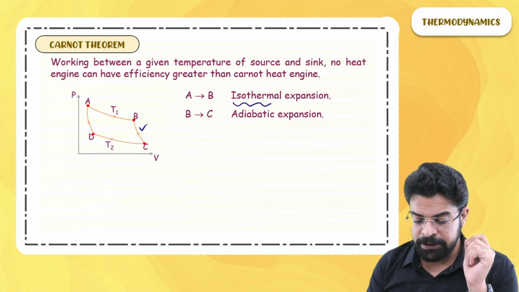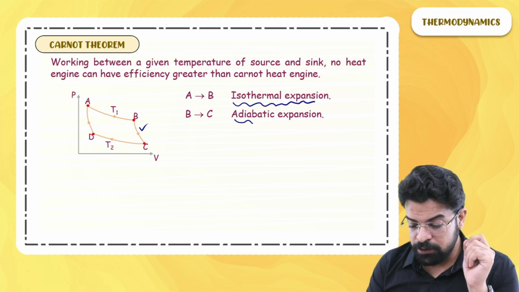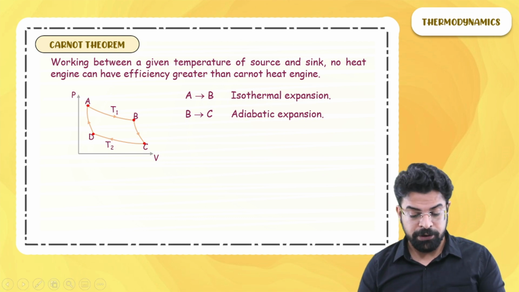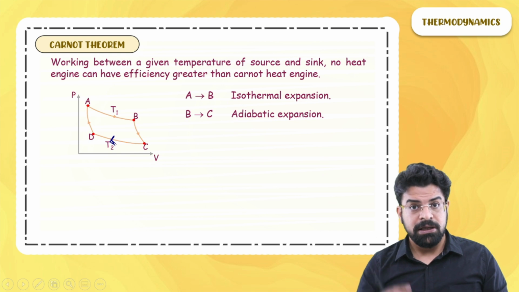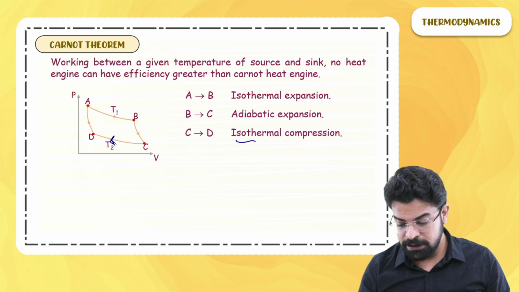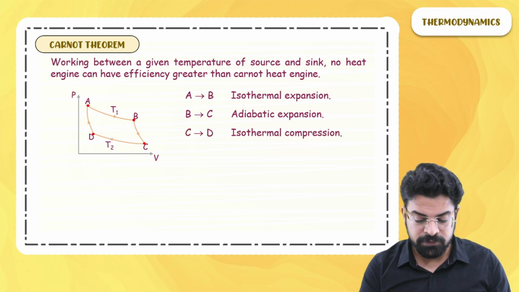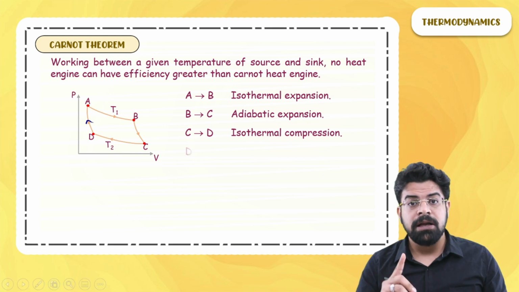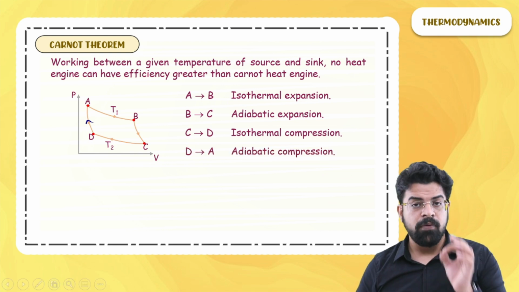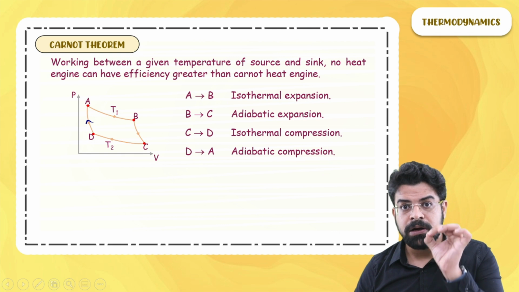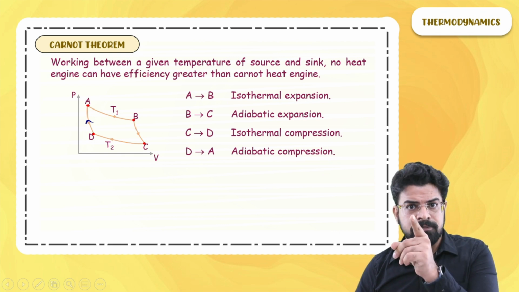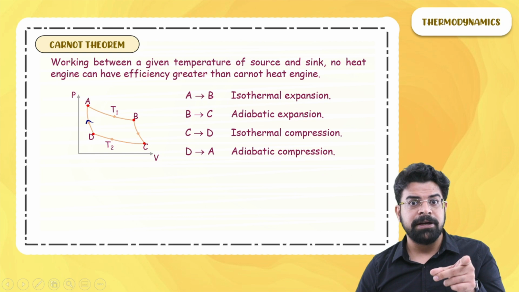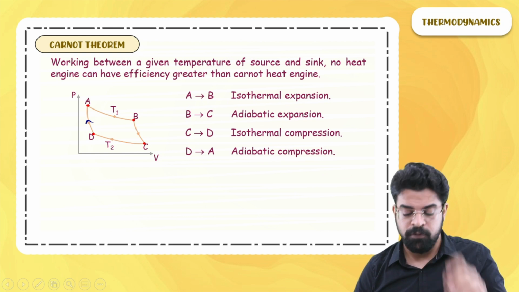So A to B, isothermal expansion; B to C, adiabatic expansion. Now from C to D, this is isothermal compression, and then the last step, from D to A, we have adiabatic compression. So there are 4 steps in the Carnot engine: isothermal expansion, adiabatic expansion, isothermal compression, adiabatic compression. These are the 4 steps.